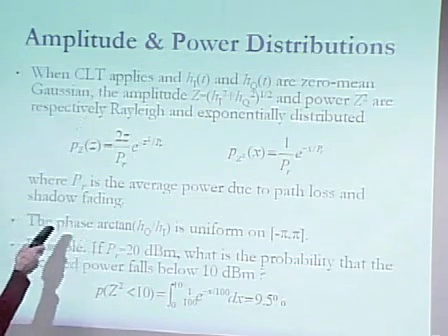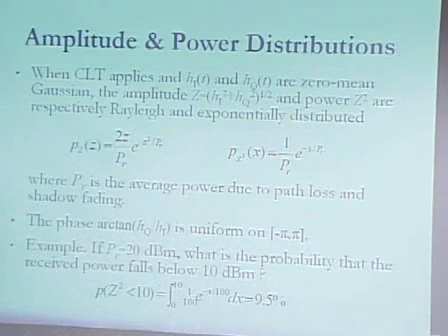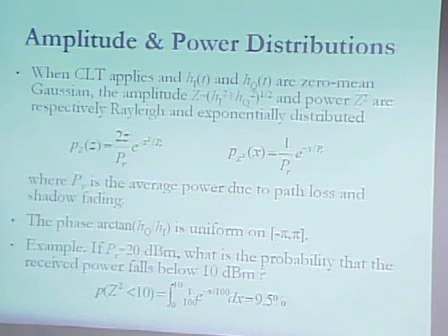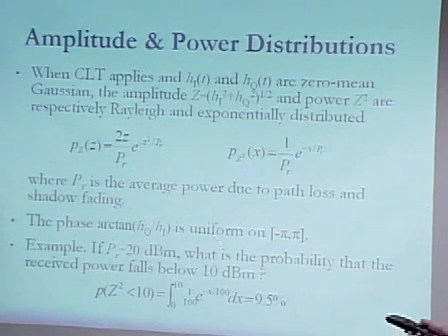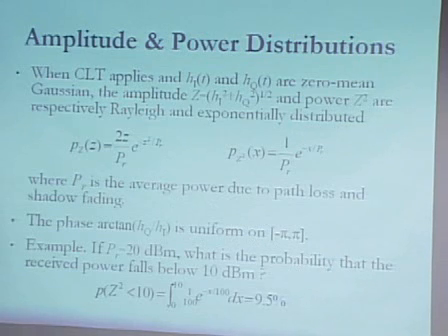Now remember that the characterization is in-phase and quadrature, or amplitude and phase. The amplitude is here, and in the case that these are Gaussian, the phase is uniform, between minus pi and pi, or between 0 and 2 pi. So you can take all these values between minus pi and pi with equal probability.